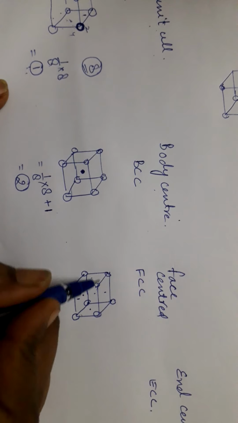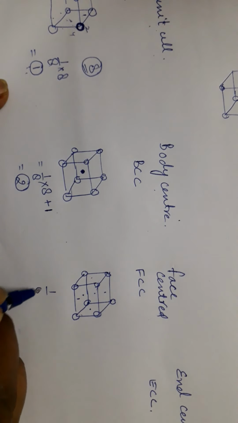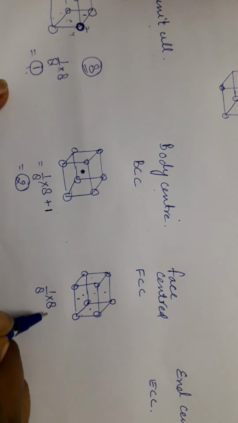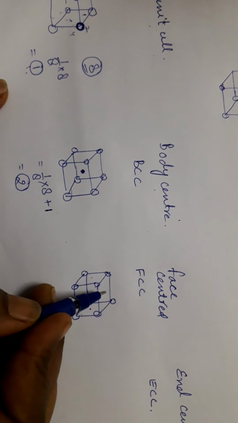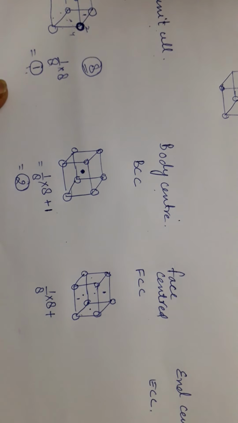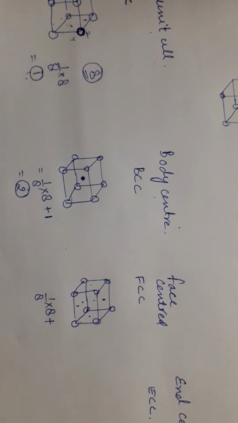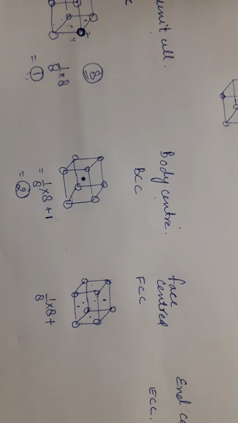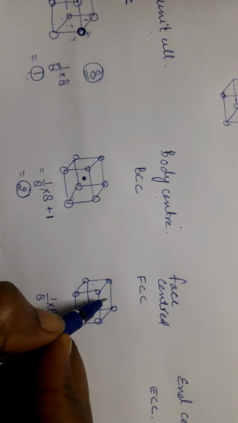The atoms at the corners have the same contribution, 1/8 into 8, plus the atom present at the face center. To explain this, just imagine any wall in your room having an atom present at its center. That wall is shared by 2 rooms.